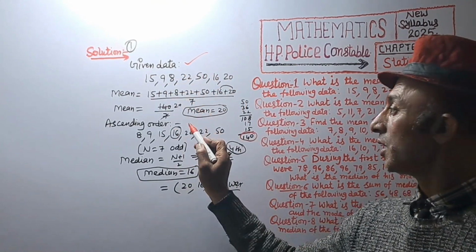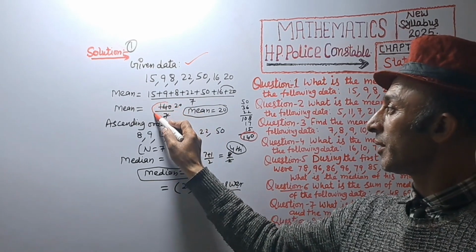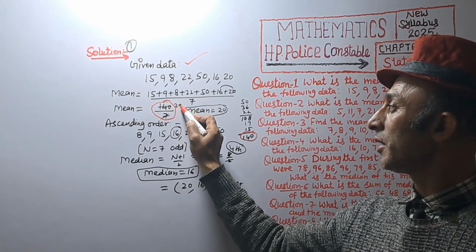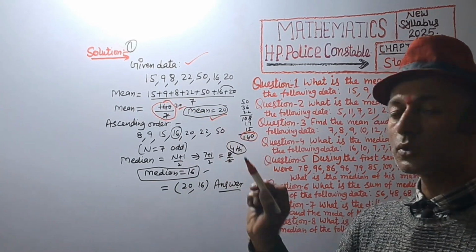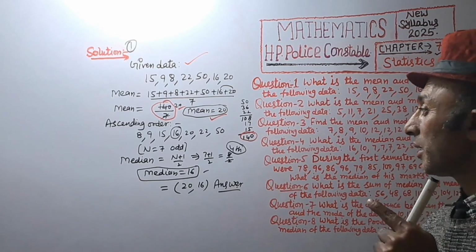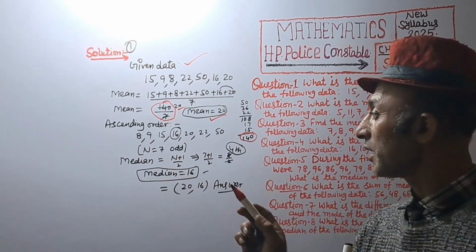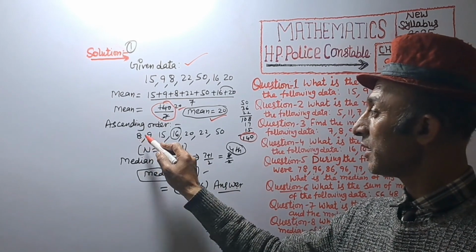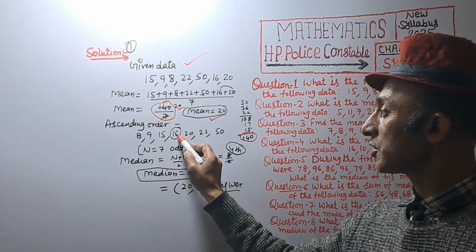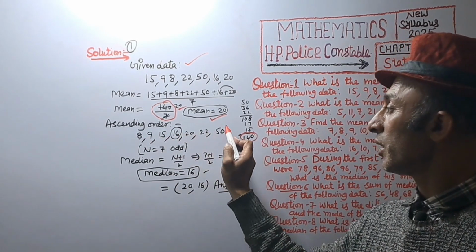That is 7. So 140 divided by 7, then we get mean equal to 20. Mean is 20, and for median, first of all, we are arranging in ascending order. Smallest number is 8, then 9, 15, 16, 20, 22 and 50.